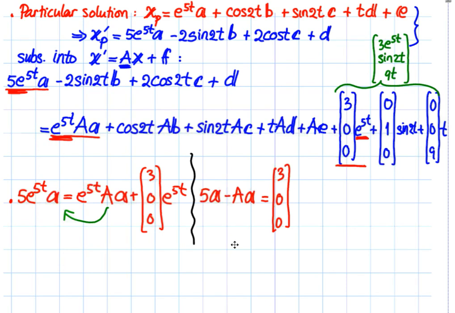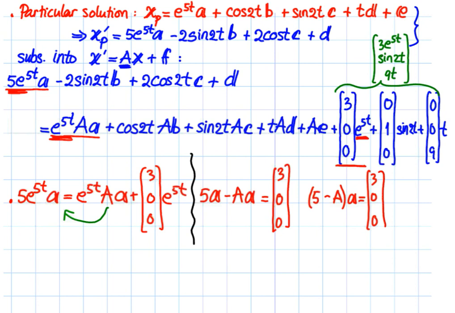We cannot just take 5 minus A like that. This will be wrong. What we need to do is put the identity matrix there. Now we have a matrix minus a matrix, so that will work. So we'll do the reduced row echelon form, and we should be able to find the matrix A, or the vector a.